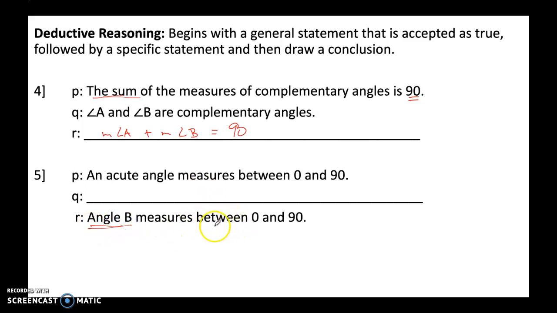Because it measures between 0 and 90, angle B is an acute angle. Why acute angle? Because all acute angles measure between 0 and 90, and we said that angle B measures between 0 and 90. Therefore, our conclusion is angle B is an acute angle.